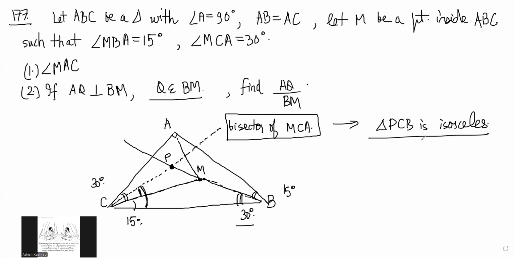Which means PC is equal to PB. Also angle CPB, because these are 30, 30, this angle would become 120.